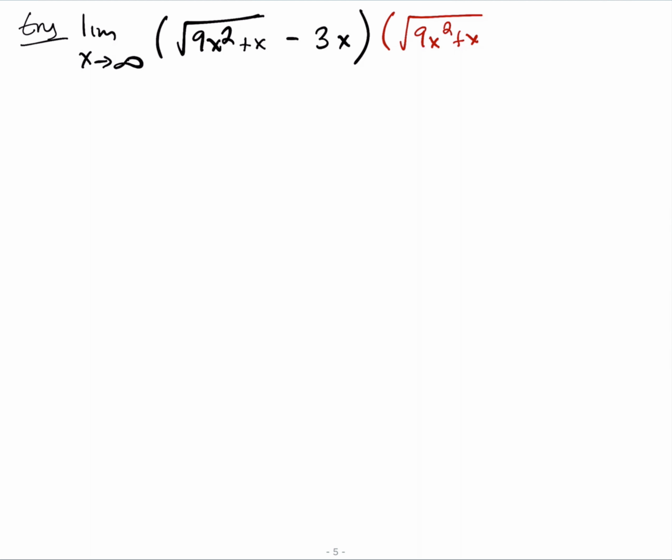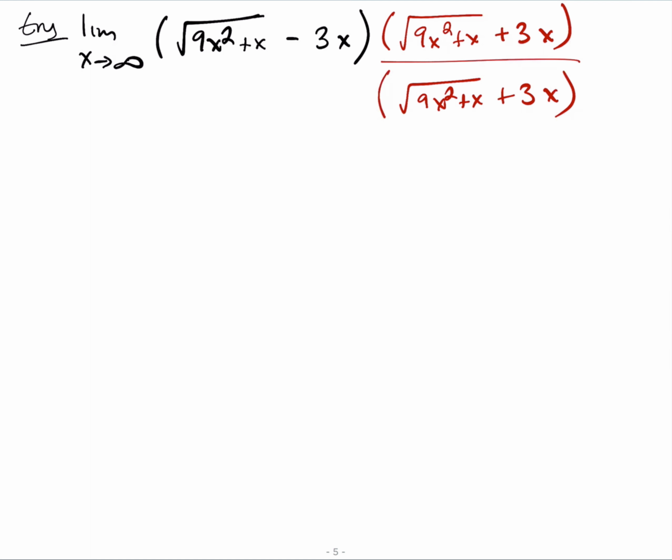All right, so that's the conjugate, right? So you multiply by the conjugate to turn it into a fraction.